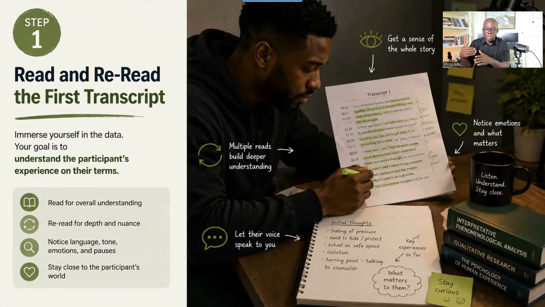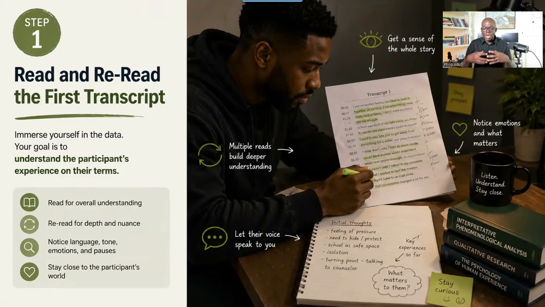So with the research question in mind, you go through, and as you go, you are identifying significant information and also making notes. What is your understanding? First you ask yourself, what is the participant telling me? Right? And then, what is the meaning of that information? And based on that, and with the research question in mind, you can also take some notes, right?